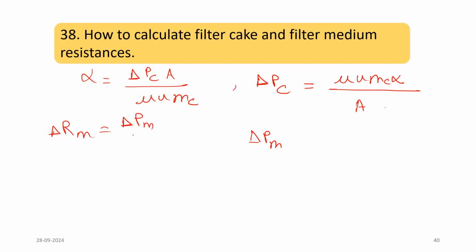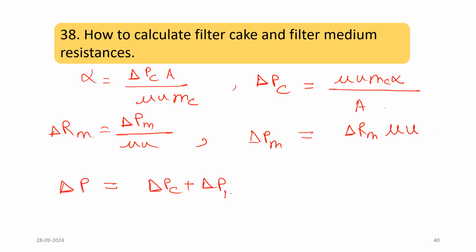So now, what we know? mc is the total mass, means the volume of the filtrate, V, times c, where c is the mass of the particles deposited in the filter per volume of the filtrate, right?